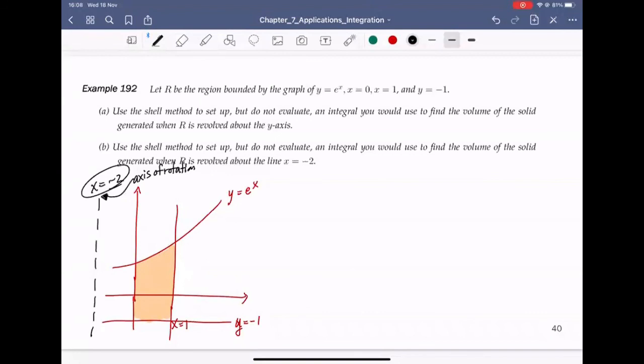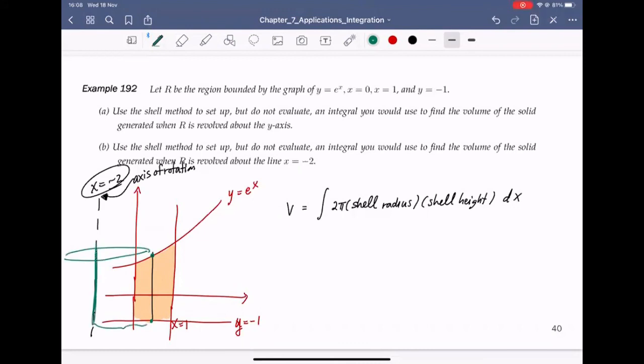So what is going to be my V? For sure, this is going to be the integral of 2 pi times shell radius times shell height dx, right? Because you still use a vertical line here, because you need it parallel to the axis of rotation. Now your cylinder is going to be bigger because your radius is going to be a little bit bigger, because this is your axis of rotation.